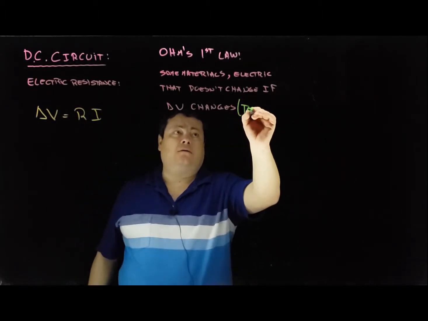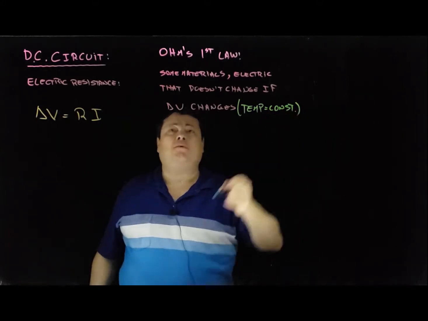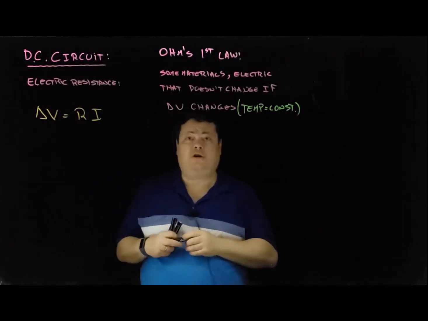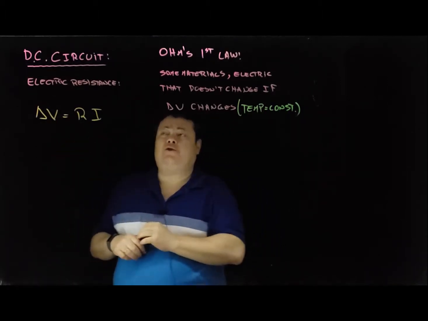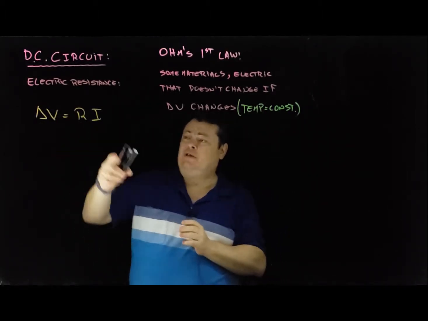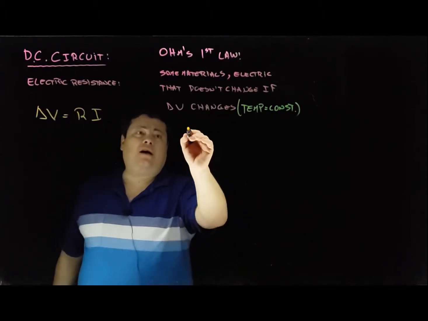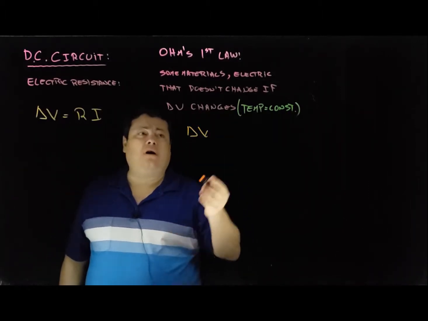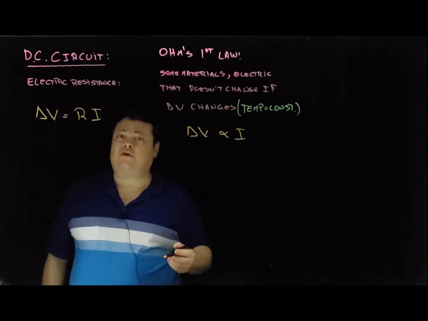Notice, please, that it is implied here that temperature remains constant. Because if temperature changes, then the whole thing is going to change. Now, why I prefer to write it this way is because if electric resistance does not change, what this is really telling me is that the voltage is going to be directly proportional to the intensity of current, or vice versa.